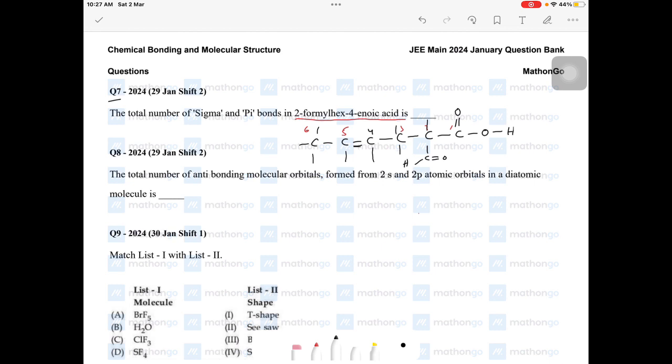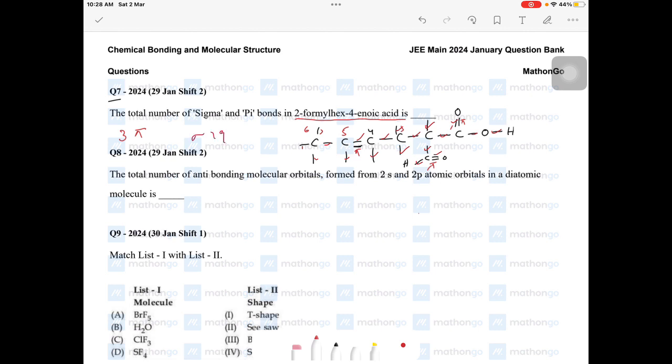Now count the number of sigma and pi bonds. First I'll find the pi bonds: 1, 2, 3. Pi bonds are 3. Sigma bonds: 1, 2, 3, up to 19.